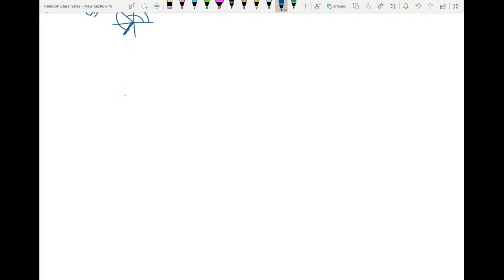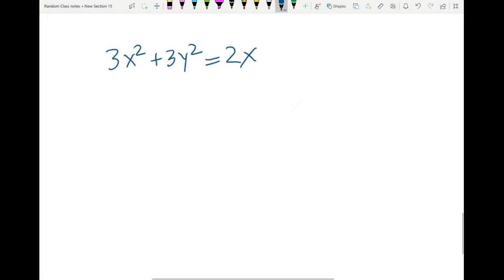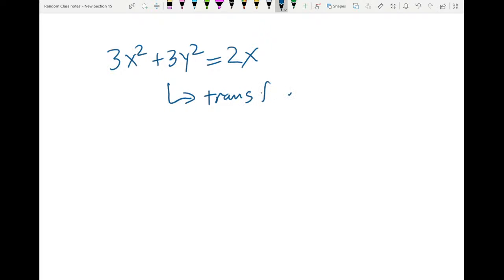So here's what you will see later on in your higher level calculus class. 3x squared plus 3y squared equals 2x. And we want to transform it to polar.